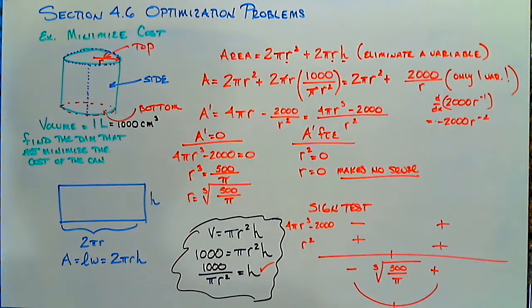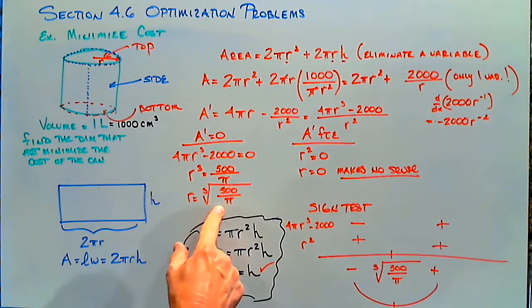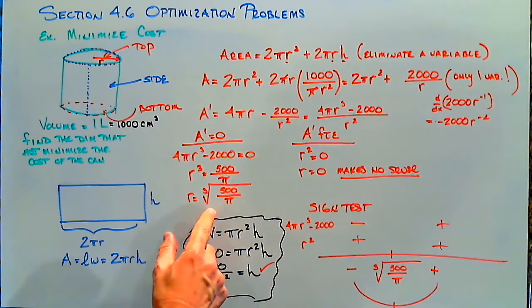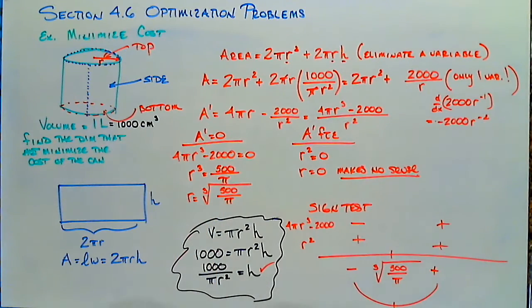The question says, find the dimensions that will minimize the cost of metal to manufacture the can. We have found what the radius should be, right? We know the radius for our can. How would we then find the height? We would take this and plug it into here for r squared, do our required arithmetic, and work out what the height should be, right?